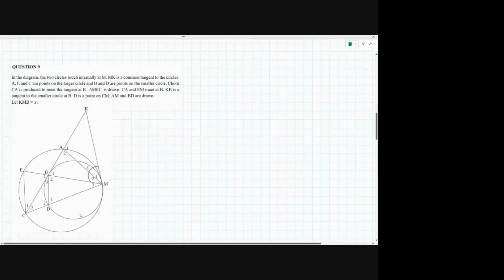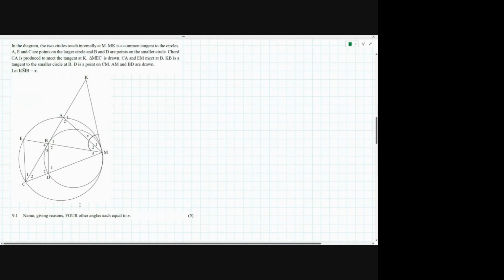Right, so we're going to do a DRCPT, and we're just going to identify the things that we have. I was told that we have some tangents, so that's quite useful for us. So MK is a common tangent, and we were told that KB is a tangent to my smaller circle. If you want to do them in different colors, you can, but let's highlight our tangents.